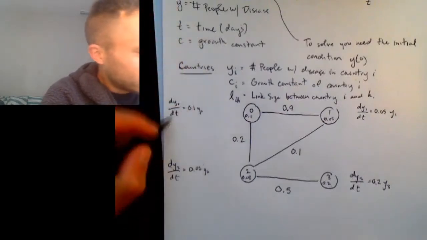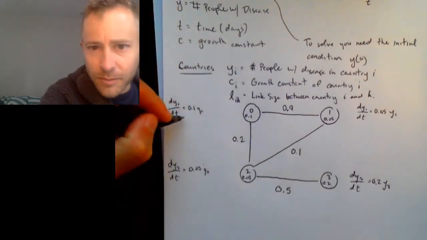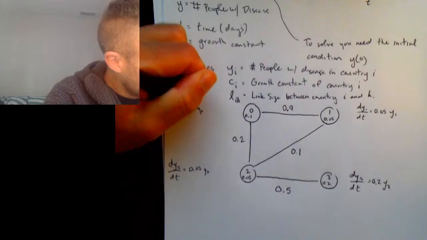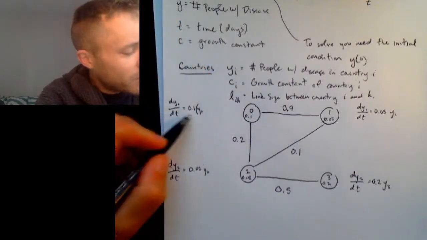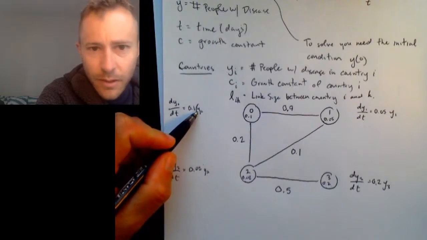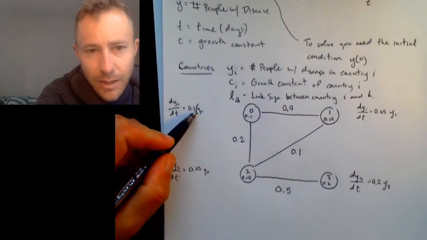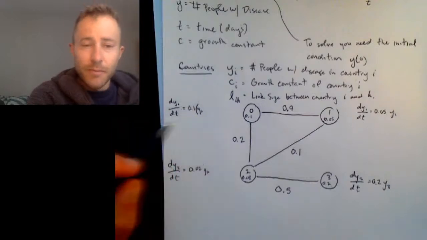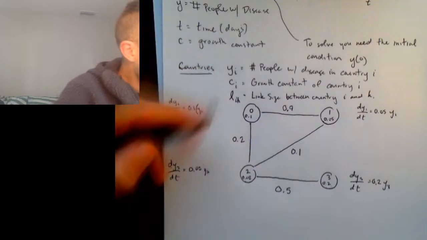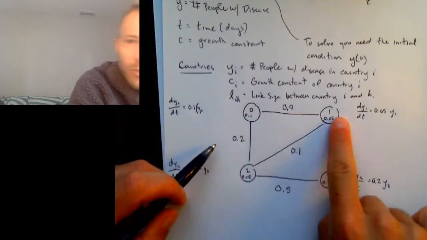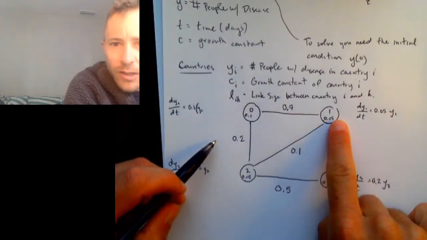So what we do is each country has its own growth constant, but then its rate of growth of the disease is affected by its own amount of the disease, but then it's also affected by the amount in the other countries, okay?